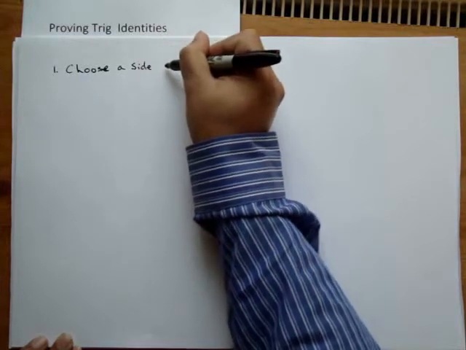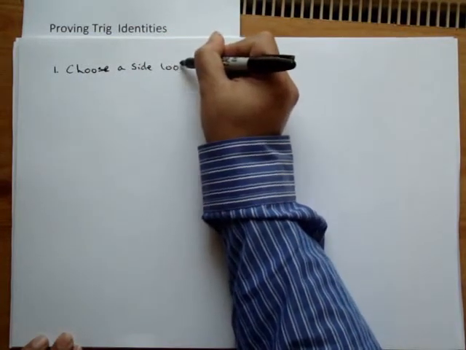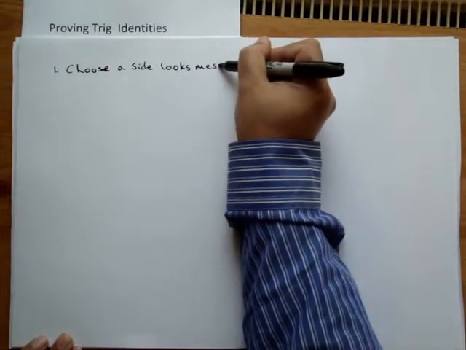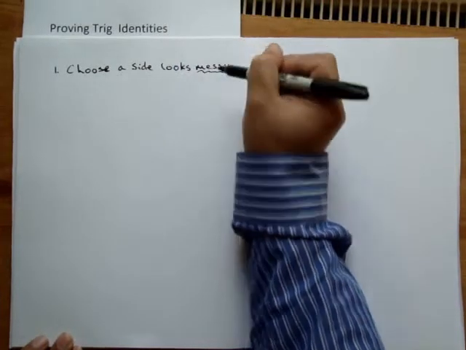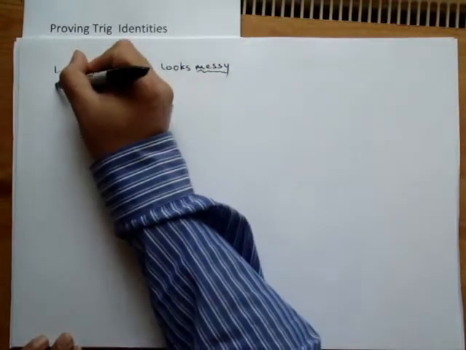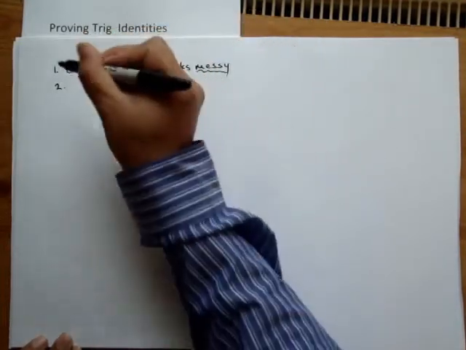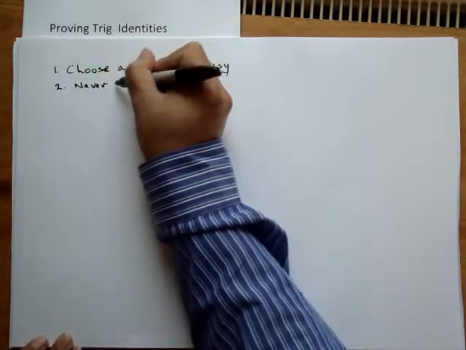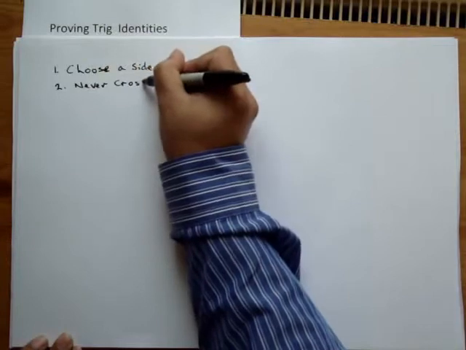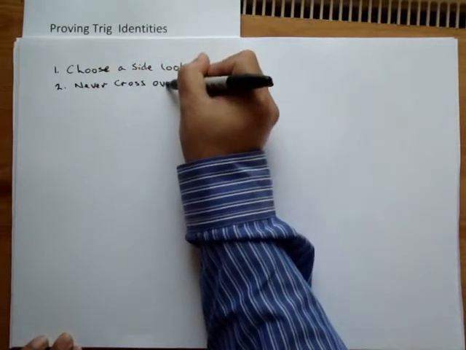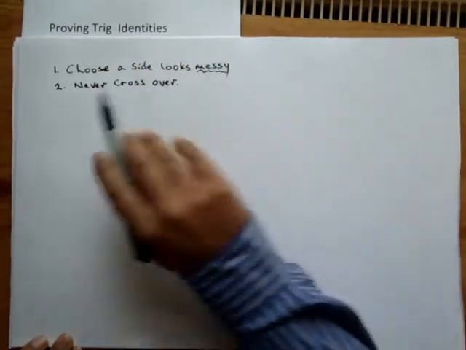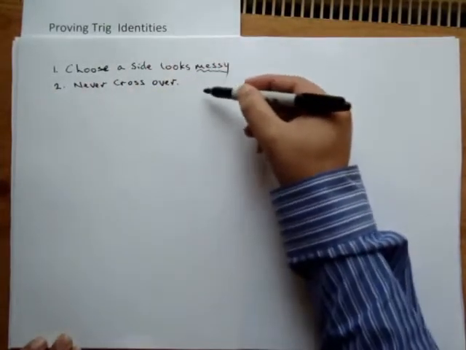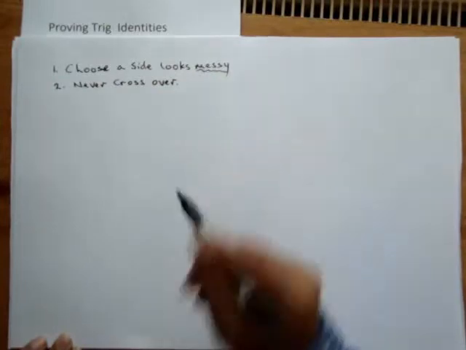Second, when you start to prove the trig identity, never cross over. Don't go from one side to the other; always follow it down, and then if you need to, put a line and go down the other side.